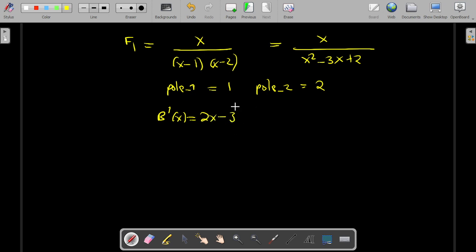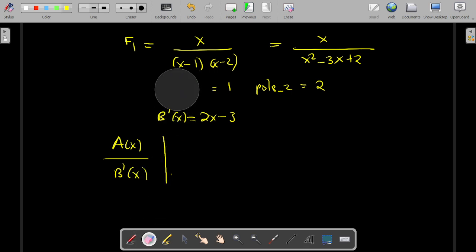Now that is our first derivative, and then we want to look at this fraction. Generally, what we have to do is compute a of alpha divided by b prime of alpha, where alpha is a simple pole of our denominator. So we're going to say it is a of x divided by b prime of x, like so.